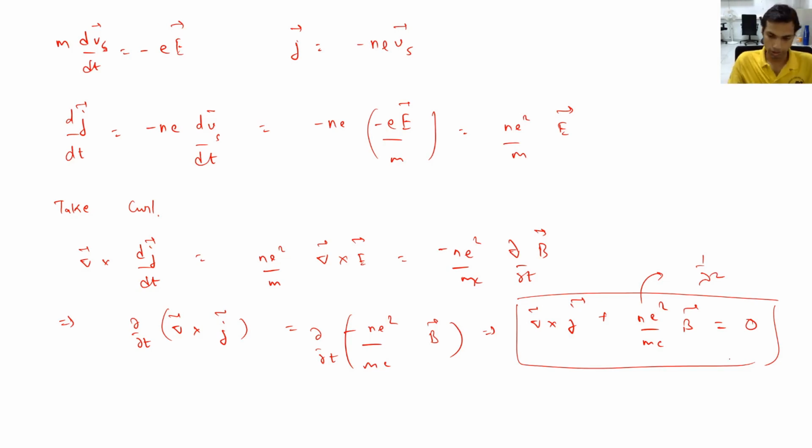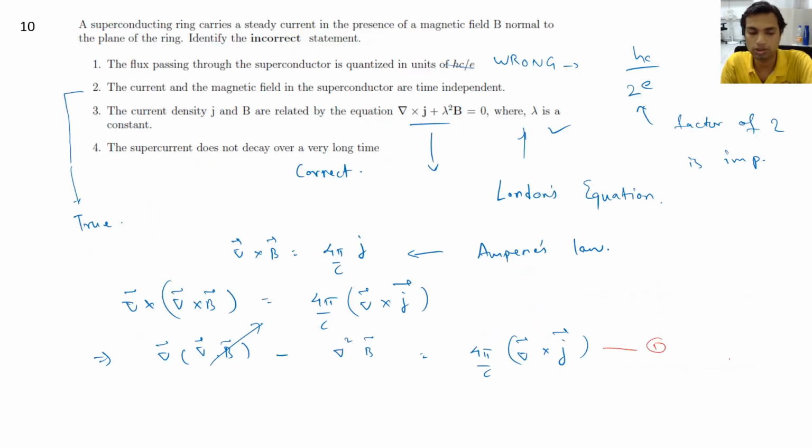So this statement is also true. The only incorrect statement is the flux quantization one, and that is your answer. So this is about the assignment questions in week 9. Let us go to the next, review of the previous year problems.